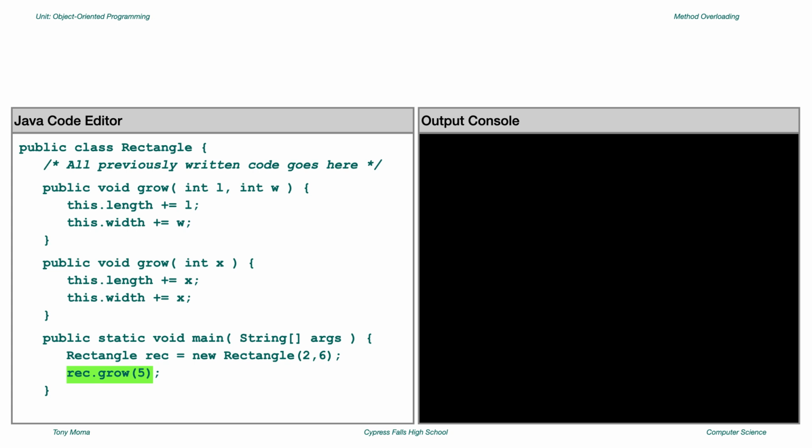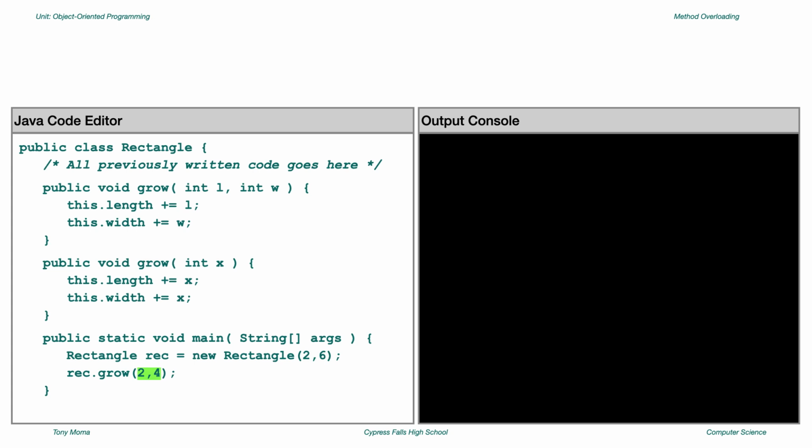You're probably guessing the second one based off the number of parameters I passed to the grow method. Since I only gave it one integer parameter, it only makes sense to invoke the version of grow method where the header contains just one int parameter. Likewise, had I given it two parameters, it only makes sense to invoke the version of the grow method where the header contained two integer parameters.